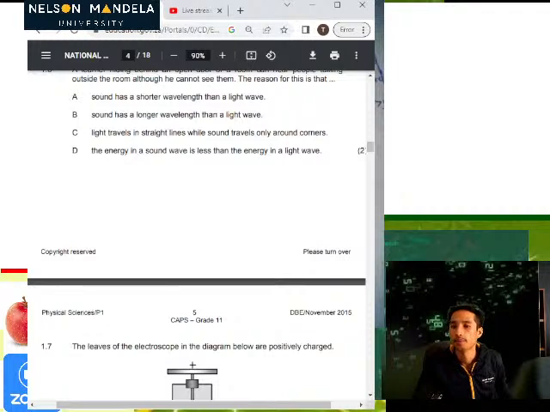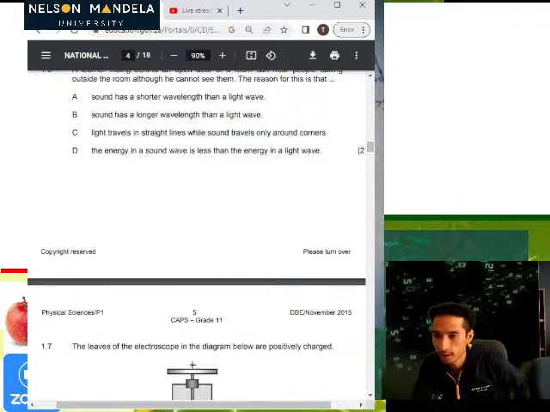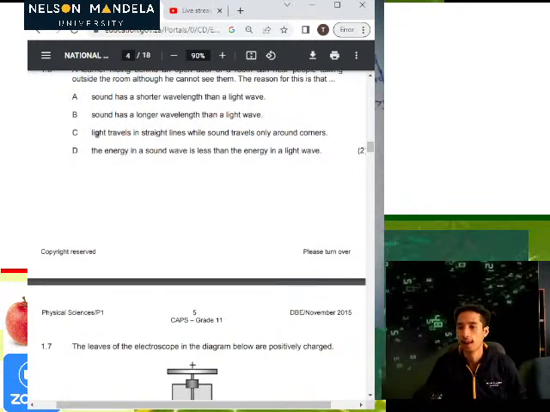But the claim that sound travels only around corners is not necessarily true, because light also has a wave-particle duality, which means that it can function both as a ray and as a particle, and it can also occur as a wave.